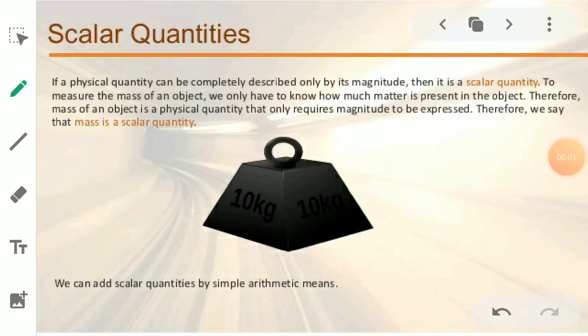Now we can see here scalar quantities. So what is a scalar quantity? It is a physical quantity which can be described by its magnitude only. It means it has some kind of value, some kind of magnitude. That kind of quantity is known as a scalar quantity. An example is the mass of an object. We only have to know how much matter is present in the object, what is the exact mass of the object.